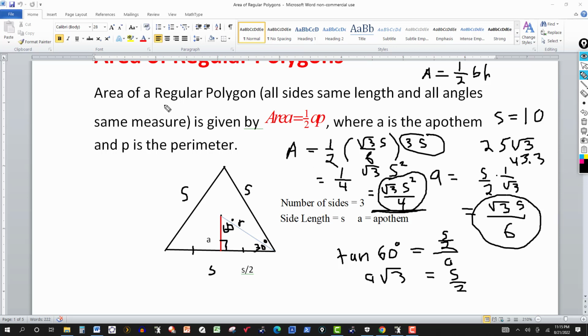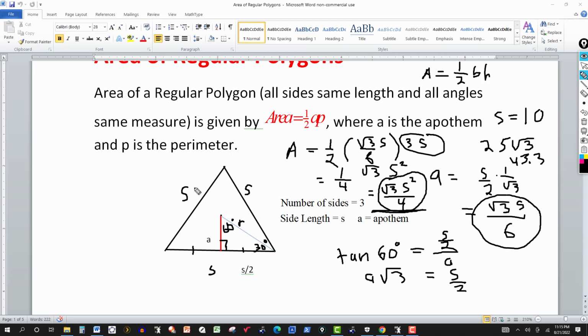Now this tells me in general that if you have a regular polygon, so that could be a pentagon, hexagon, could be a polygon with 20 sides, this formula is going to work. If you can find the perimeter, and if the apothem is not given, you can find it the way I did it here, with actual numbers.